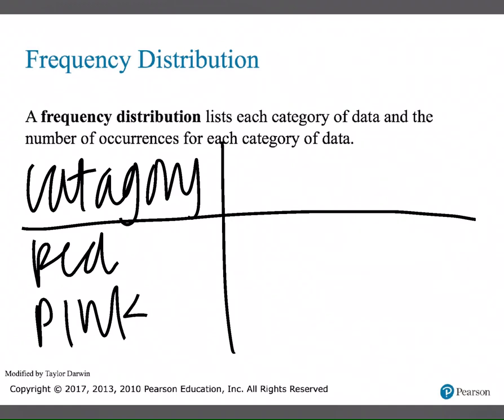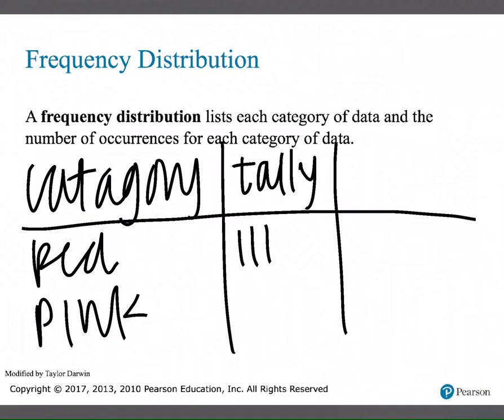This middle column is up to you if you want to use it or not, but it helps people organize, and I call it the tally column, and you tally how many red Starbursts exist. Maybe you count 3, and then you count 5 pinks in our raw data.